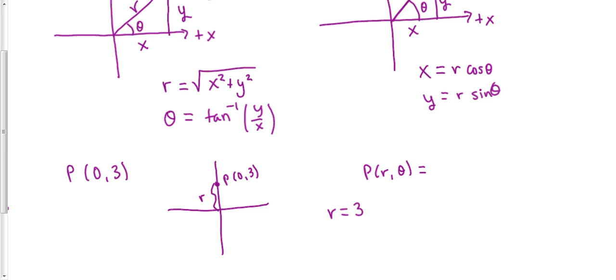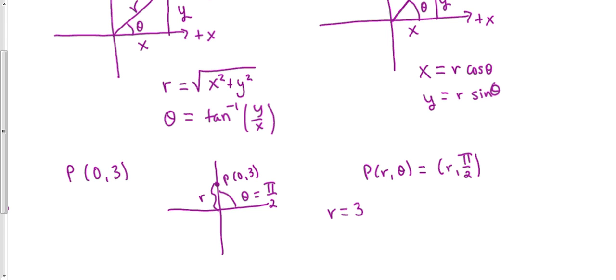And I can see that the angle that this ray makes, theta, is going to be equal to pi over 2. So I would write this as (3, pi over 2).